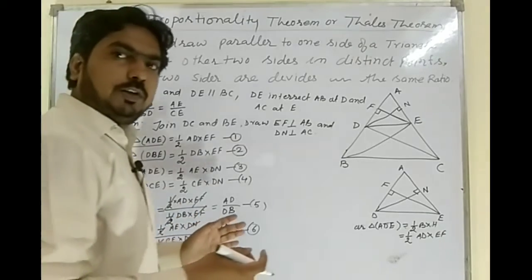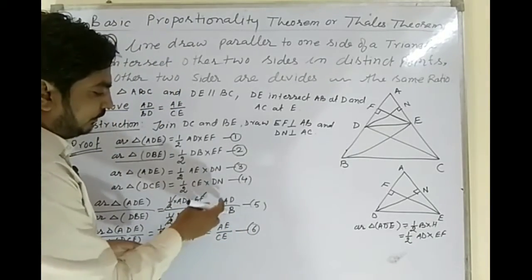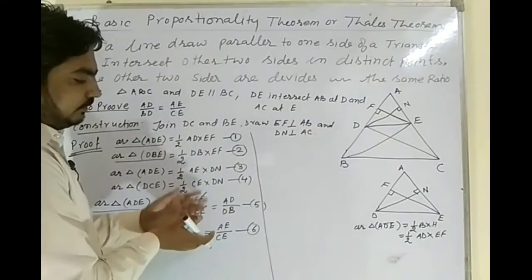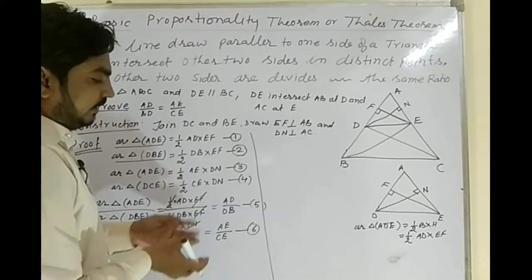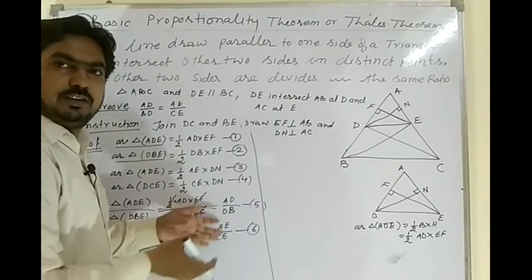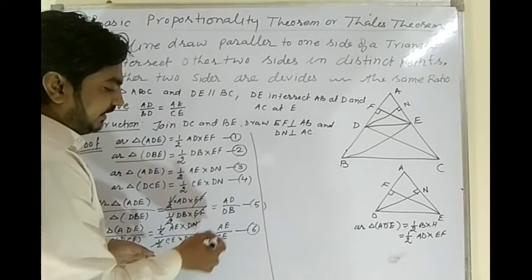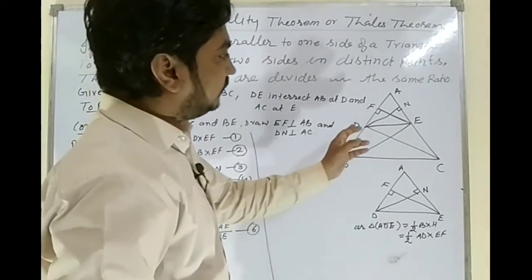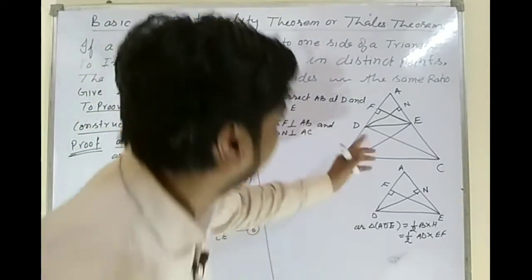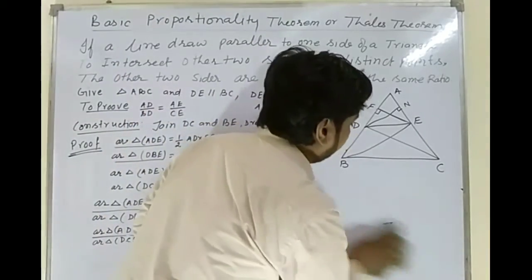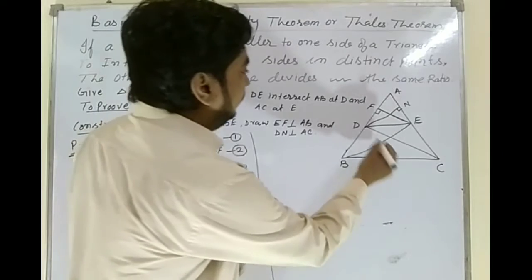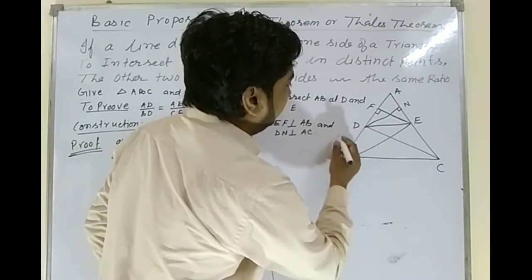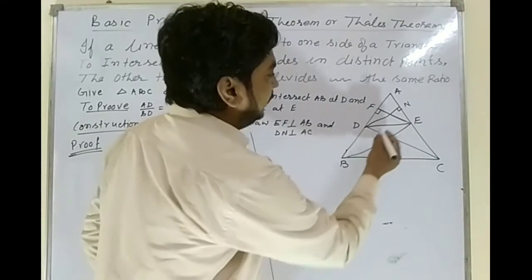Now we have the ratios AD upon BD and AE upon CE, but we cannot equate them until we find the relation between AD upon DB and AE upon CE. So we will see the two triangles DBE and DCE.